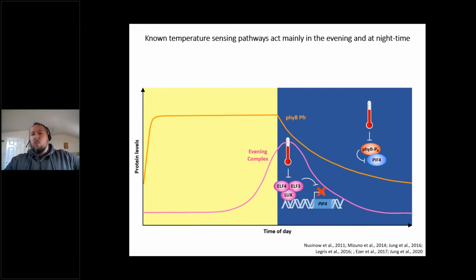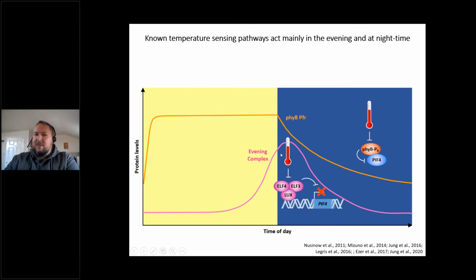So in warm nights, phytochrome B will inactivate much more quickly, which means by the end of the night, you have low levels of active phyB. PIF4, which is normally directly repressed and also degraded in response to phytochrome B, will become de-repressed. So we have active PIF4 at the end of the night, and that nicely correlates with the increased growth at the end of the night that we see in short days.